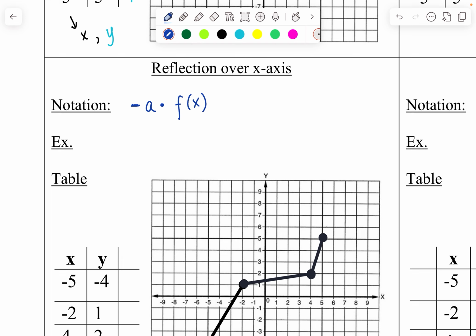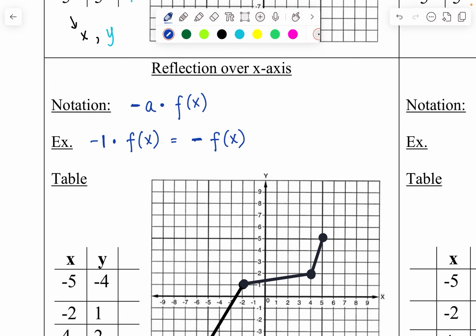So for example, we have a -1 times f of x, which is the same thing as saying negative f of x. So do we have to write the 1 there?